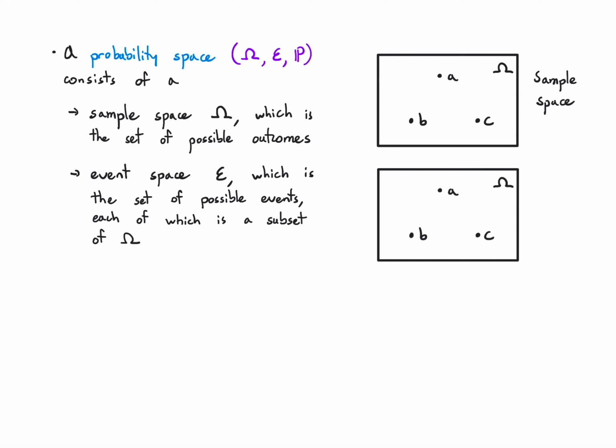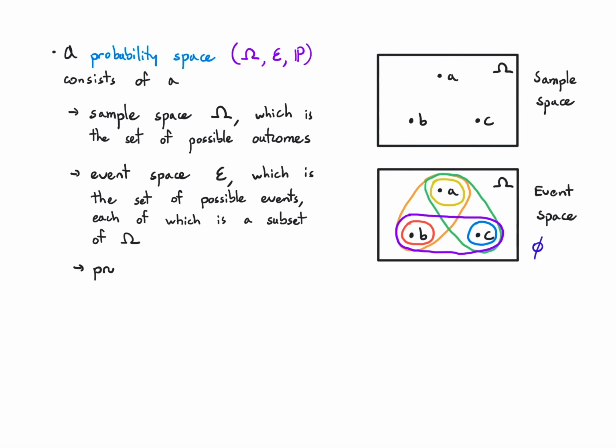And that's what I'm going to draw now. I'm going to illustrate all possible subsets of 3 things. So here's the event space, and I have B as an event, C as an event, A as an event, A and B as an event, A and C as an event, B and C as an event, and the empty set and the sample space as events. So those are all the possible events I can have. Everything, nothing, individual things, pairs of things.